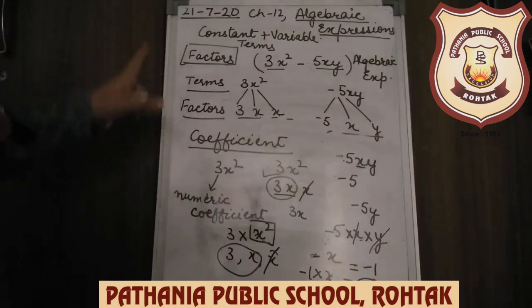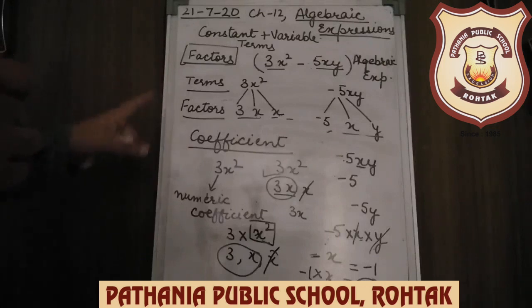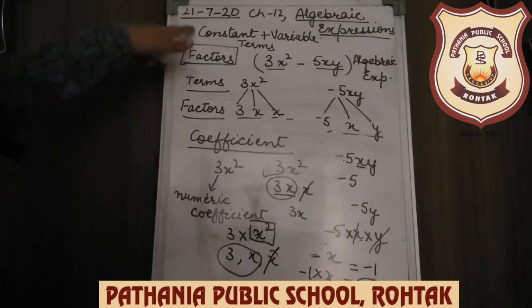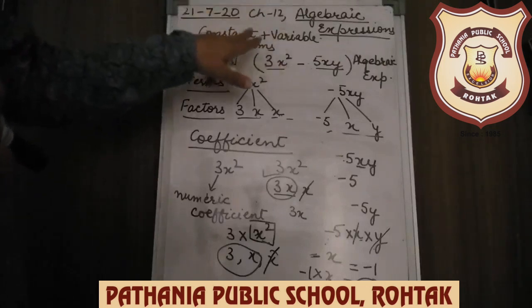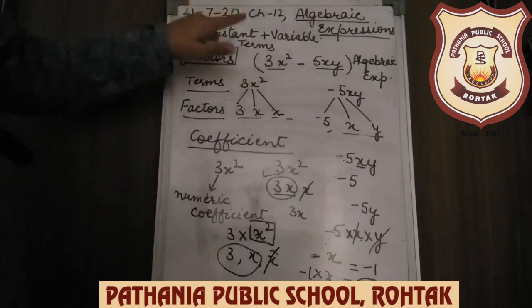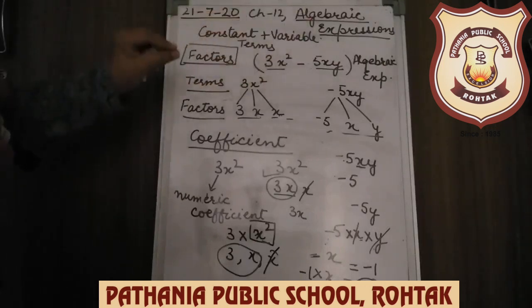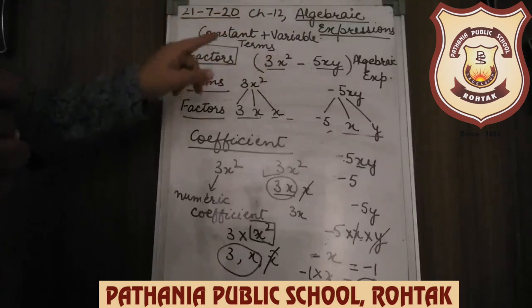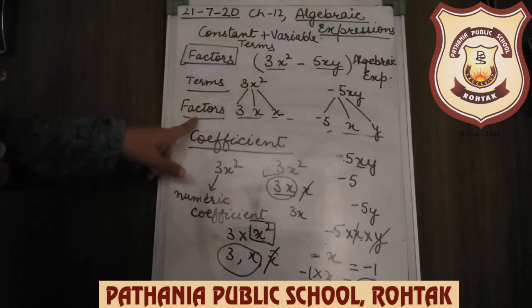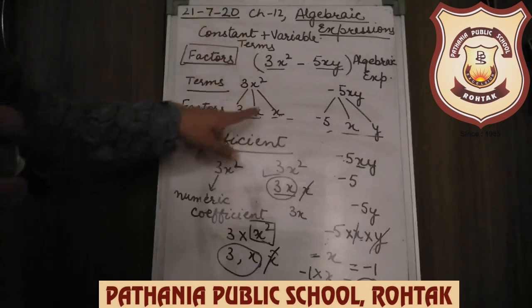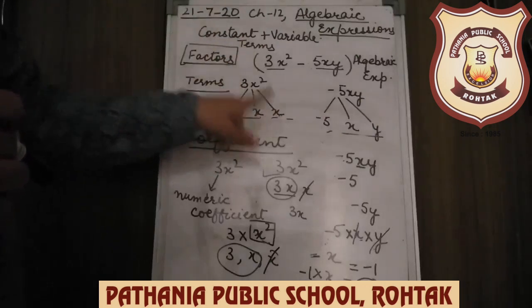So these are the terms which you have learnt right now. One is constant, one is variable, which together form the algebraic expression. In an algebraic expression, you can have one term or many terms, and each term is further divided into factors.